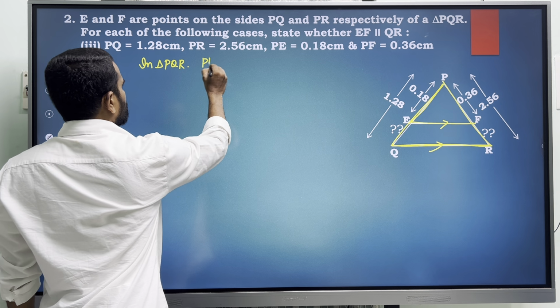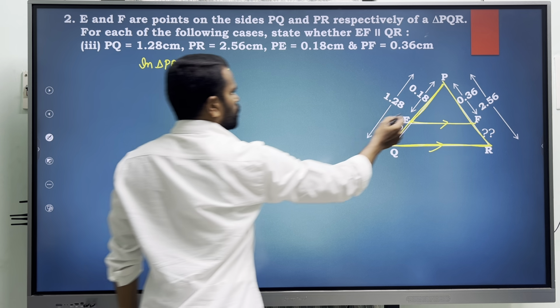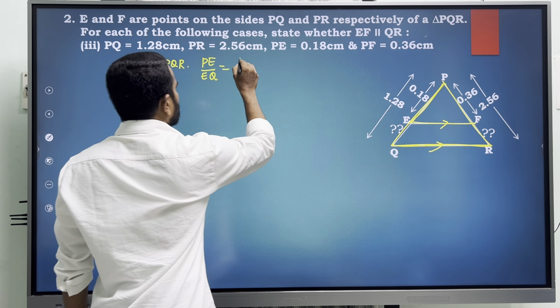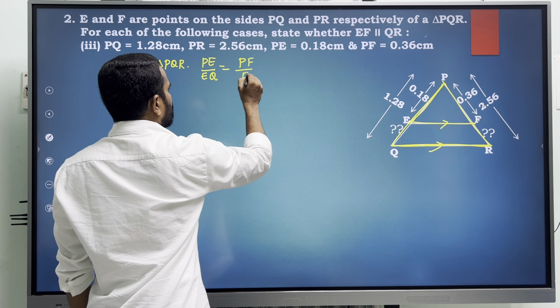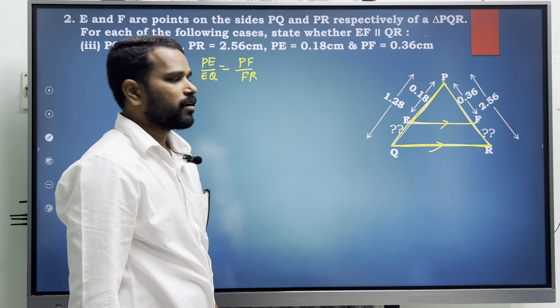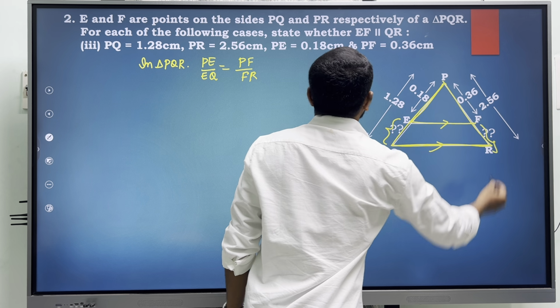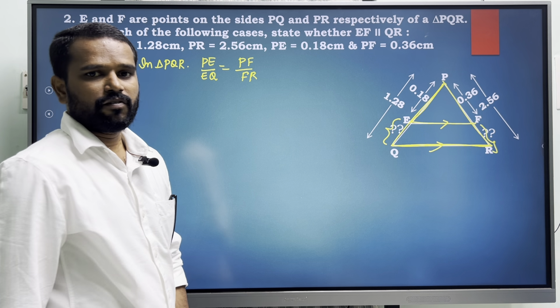By the basic proportionality theorem, PE by EQ should equal the ratio PF by FR. But here we don't know EQ, and we don't know FR.